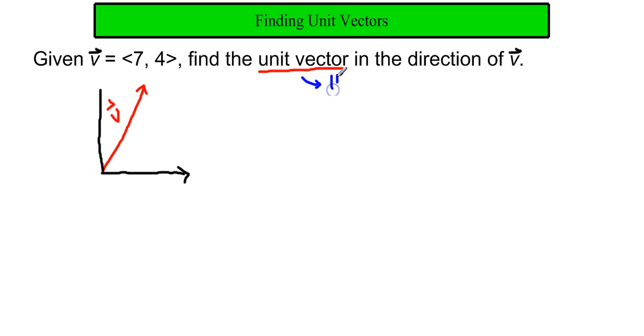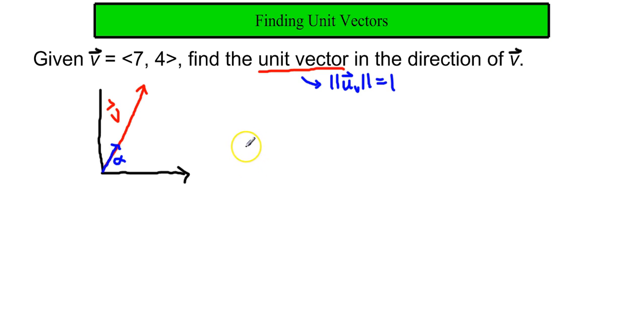So the magnitude of, and this is the notation, the unit vector in the same direction of v, we know is going to have a magnitude of 1. v has a magnitude that's larger than 1. So we need something that's going to travel along that same path, have that same direction as 7, 4, but only has a magnitude of 1.